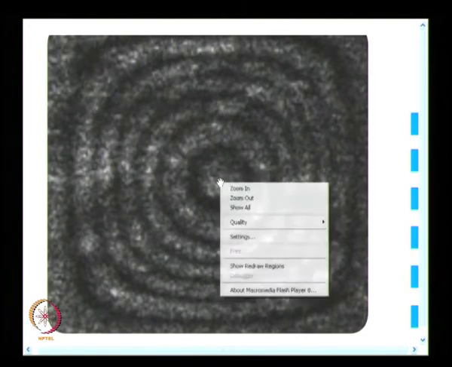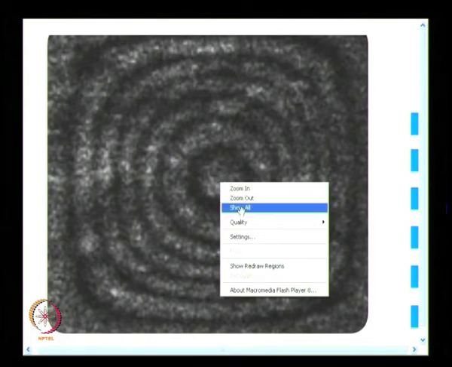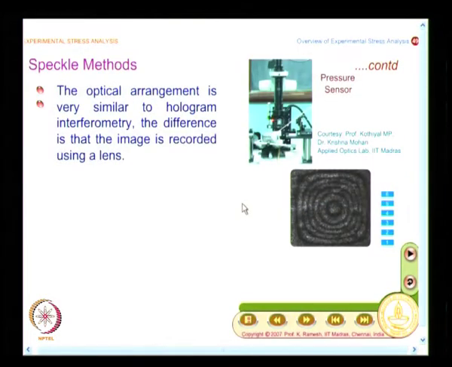So, it is quite difficult for you to extract information. So, in all these speckle interferometric methods, people spend a lot of effort on filtering. Filtering is a very important step in speckle interferometry.